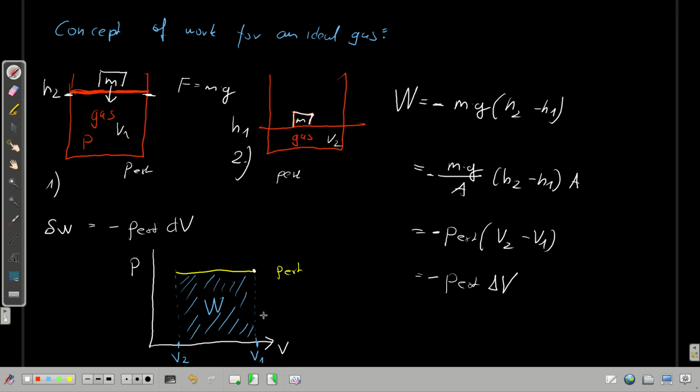If we start at V1 and end up at V2 for the reversible process at a constant temperature, we get a different curve that would go like this, because in this case the external pressure is much higher than the internal pressure. Therefore at V1 we start at a lower point for the pressure, and the area under the curve is also lower than for the process with the constant external pressure.